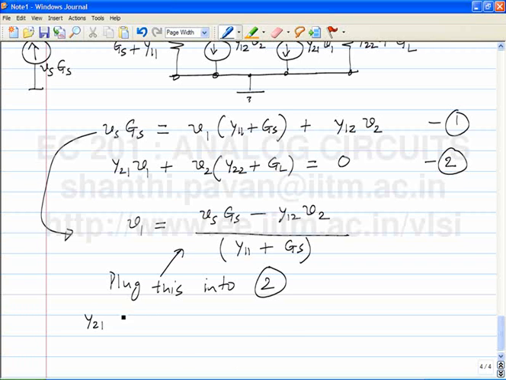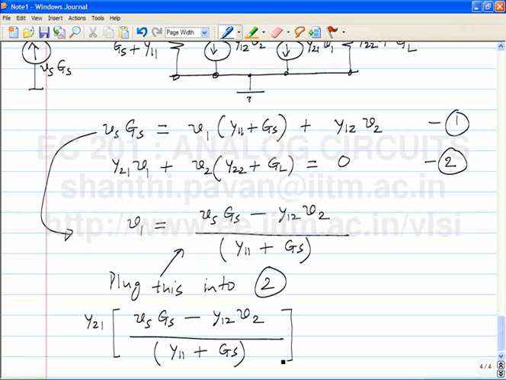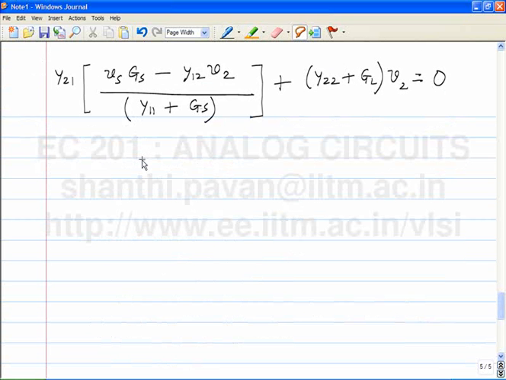Y21 into V1 plus Y22 plus GL into V2 must be equal to... okay, so now it's straightforward algebra.